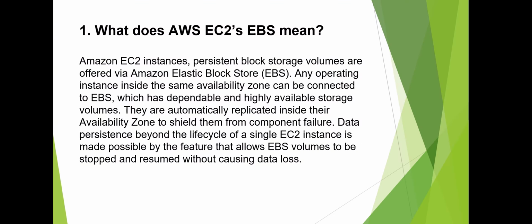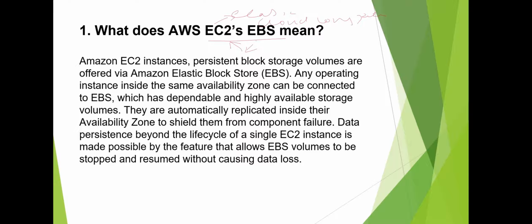The first question is: what is AWS EC2 EBS? That means, what is the meaning of EBS in relation to EC2? And you know what EC2 is. Let me remind you that EC2 stands for Elastic Compute Cloud.